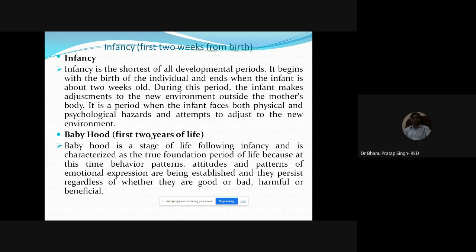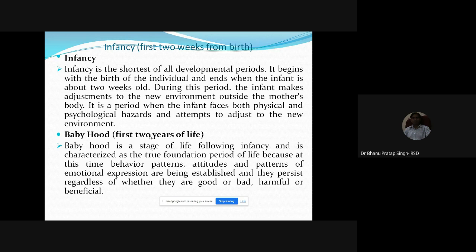During this period, the infant makes adjustment to the new environment outside the mother's body. It is a period when the infant faces both physical and psychological hazards and attempts to adjust to the new environment. The most important characteristic of infancy is adjustment, a new adjustment from the old adjustment.